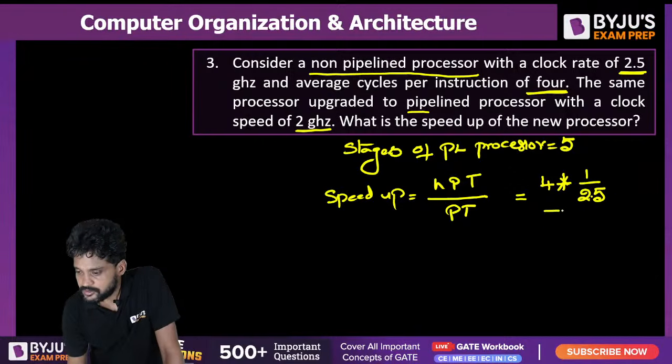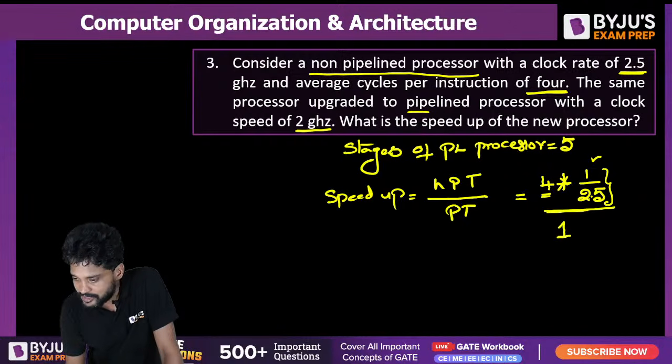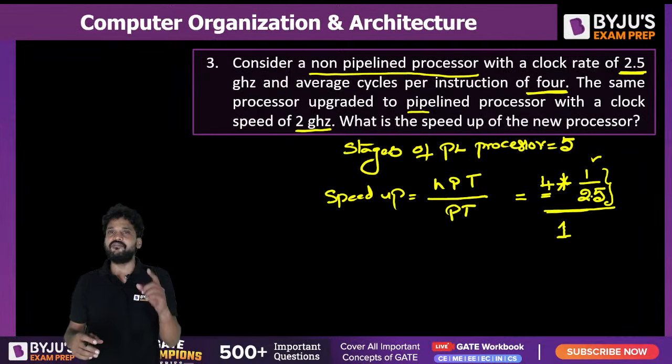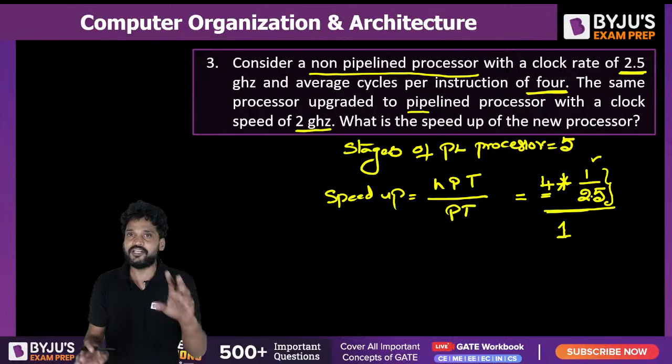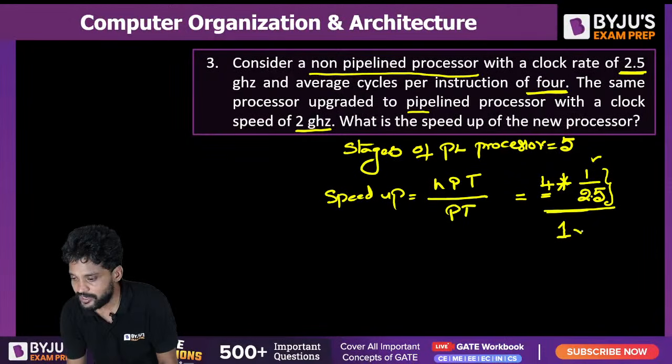This 1 by 2.5 is the clock cycle time, and there are 4 clock cycles, and each clock cycle is equal to 1 by 2.5. When it comes to the pipeline processor, of course, we know that with no delay, each and every instruction will only take 1 clock cycle. In the pipeline processor, if there is no delay, every instruction is going to take on average 1 clock cycle each, 1 into 1 by 2.